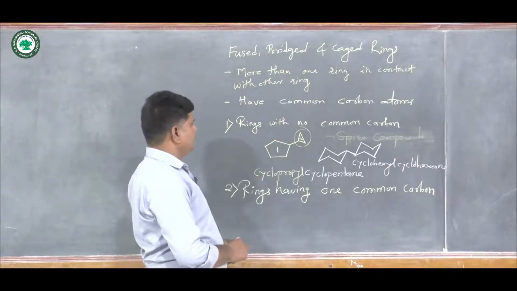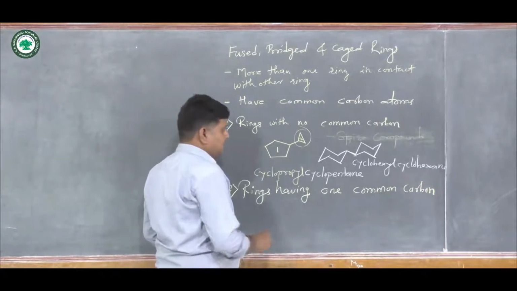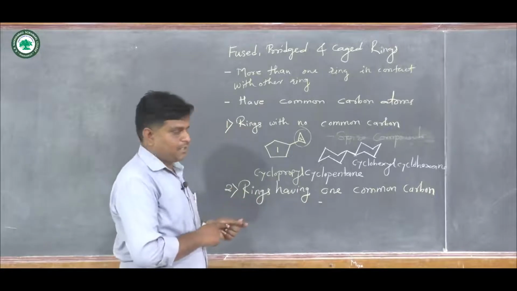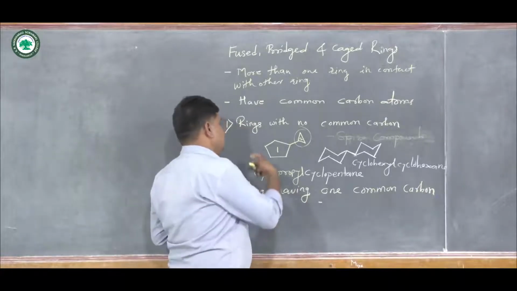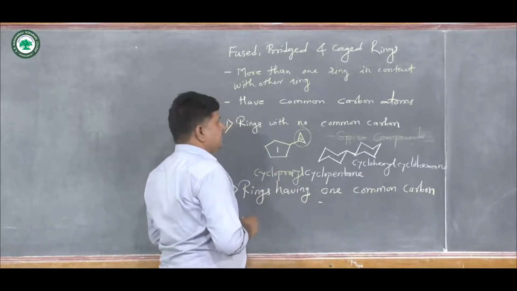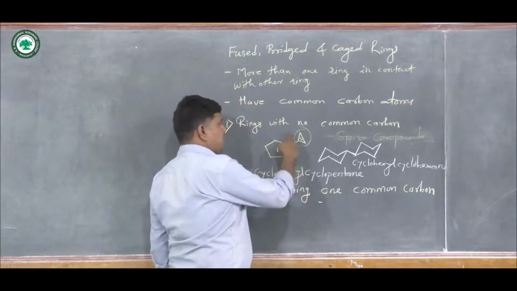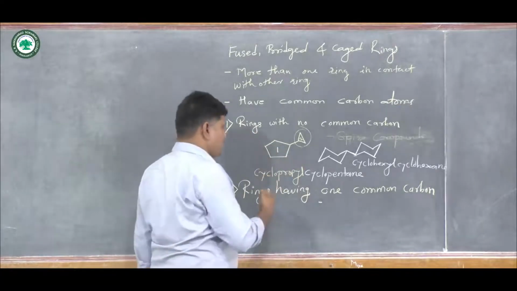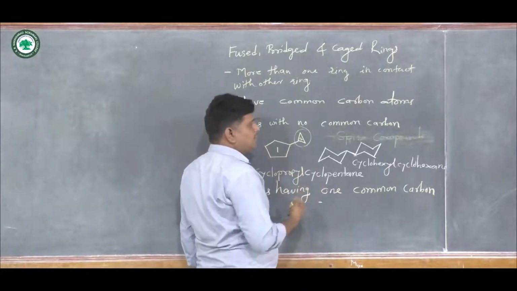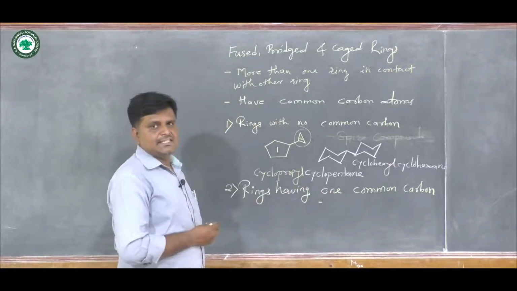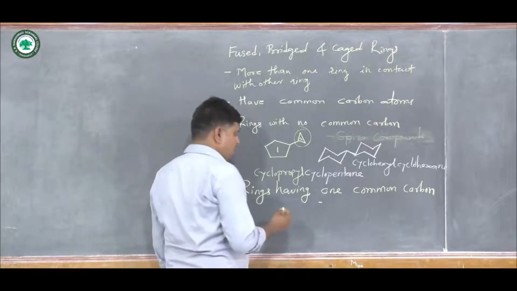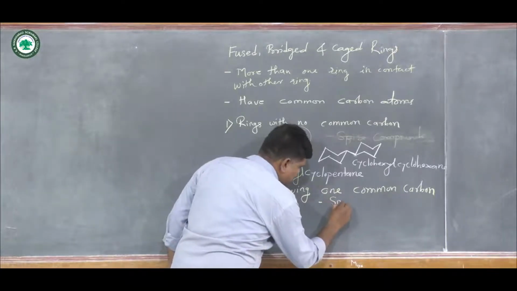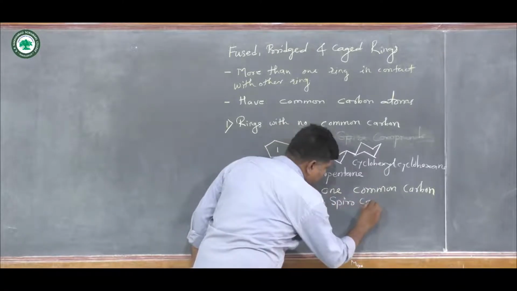We call these compounds spiro compounds, with one common carbon atom. In the earlier case, compounds with no common carbon atom are not spiro compounds. A spiro compound means the compound has one carbon in common.